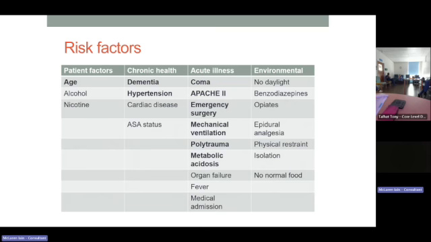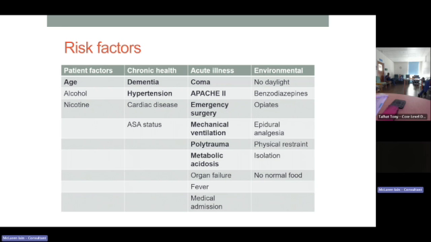Patients, as I mentioned before, with higher APACHE II scores, patients undergoing emergency surgery because they tend to be sicker, patients who are ventilated, patients who have suffered polytrauma, severe metabolic dysfunction, particularly in the form of acidemia, patients with fevers and organ failures. So all those are things that we intuitively know from our experience with delirium are major risk factors.